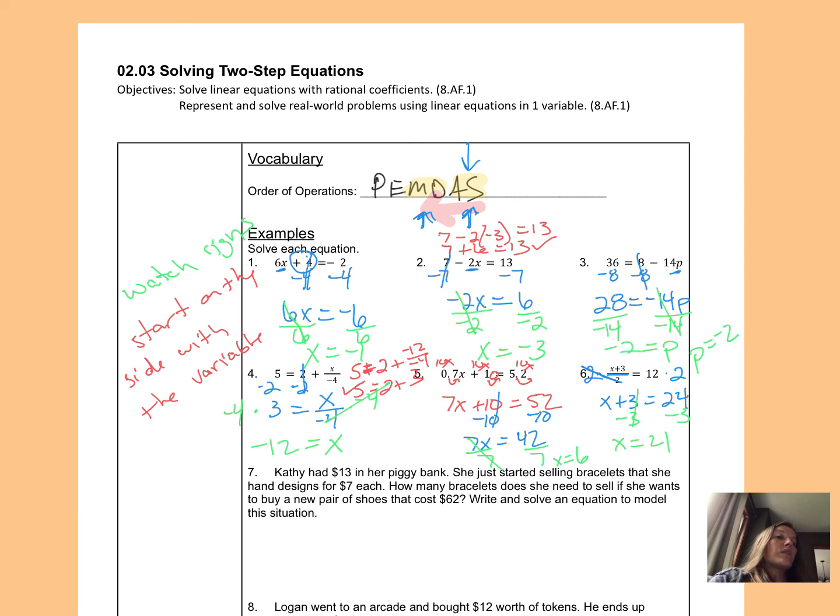And any other thing you want to remind yourself that you might want to look back at. So if you want to make a note about how we can get rid of decimals, if you want to make a note of how we can do a more complicated problem like this number 6, add those notes to the left-hand side over there.